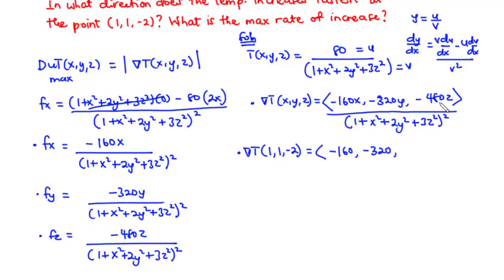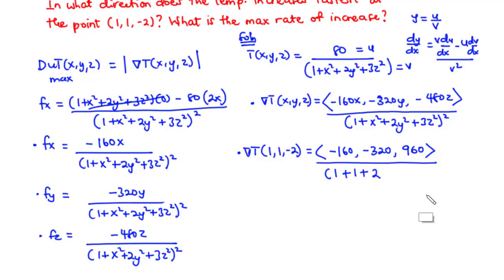And then negative 480 times negative 2 becomes positive 960, all divided by 1 plus 1 square, which is 1, plus y square, so 1 square is 1, 1 times 2 is 2, plus z square. So negative 2 square is 4, 4 times 3 is 12. And then we have this all square. So this is 1 plus 1 plus 2, which is 4, plus 12 is 16.